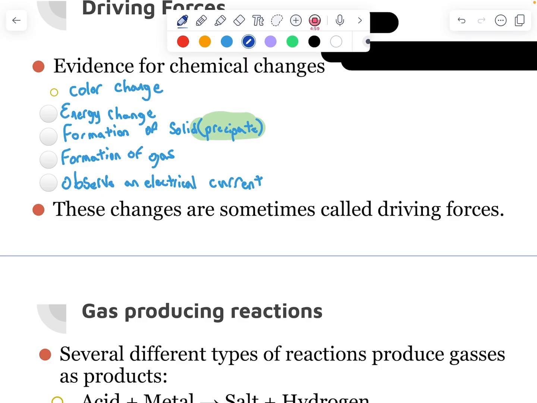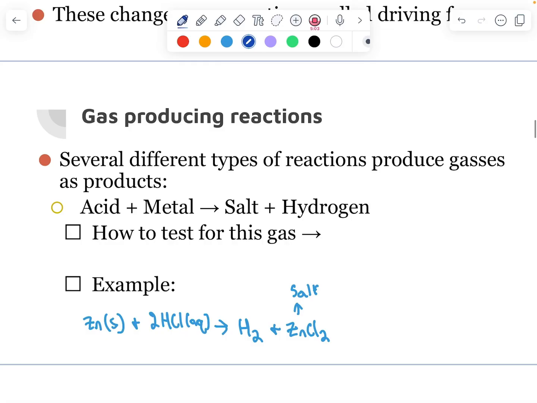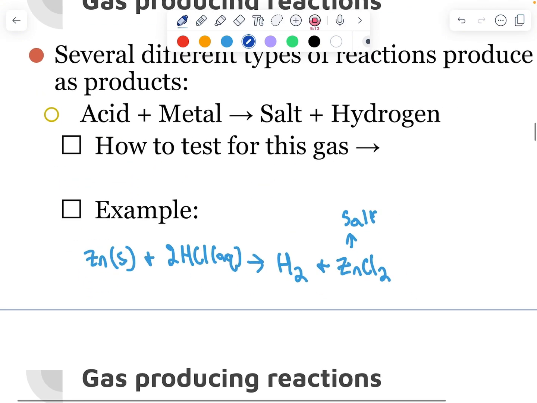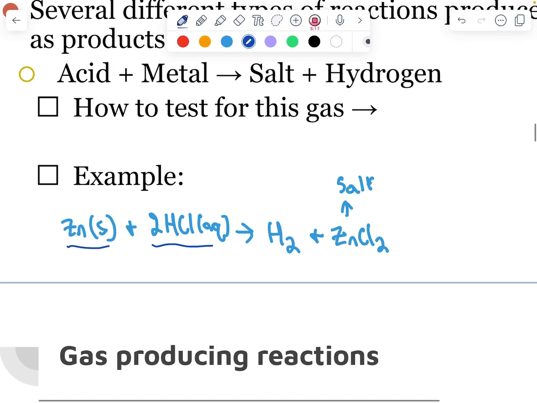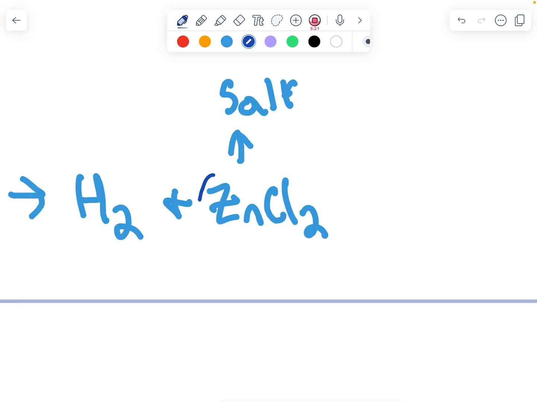So let's talk about some gas-producing reactions, because that's a good indicator of a chemical change. If we have an acid and metal, like hydrochloric acid here and some zinc metal, it will form a salt, which is just a type of compound. The salt here is zinc chloride, plus hydrogen gas.